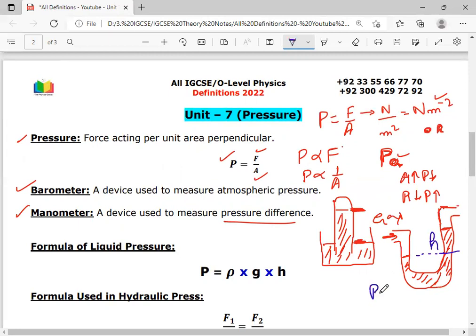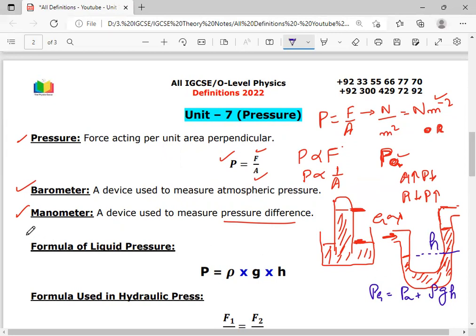So pressure of gas is equal to atmospheric pressure plus pressure due to the liquid. So in this way we can find the pressure difference of the two gases.